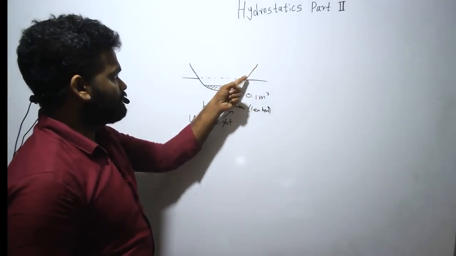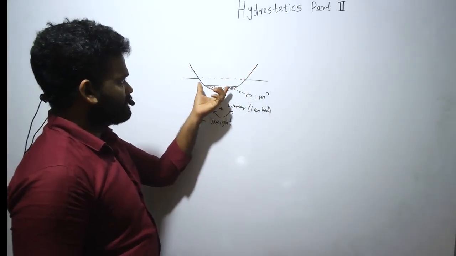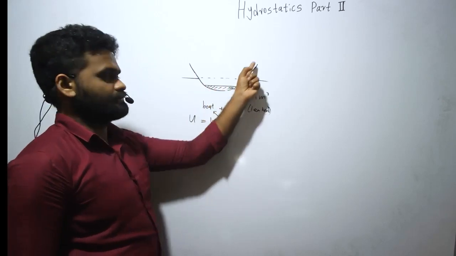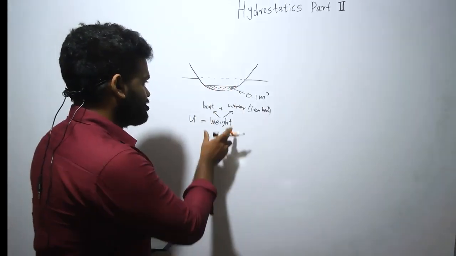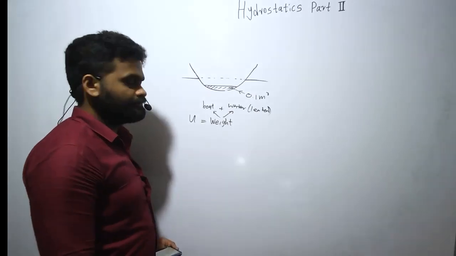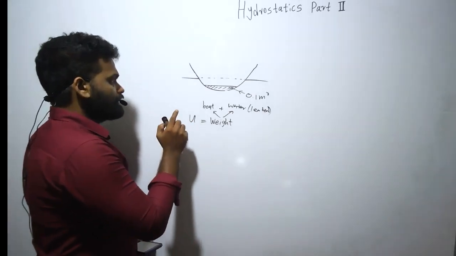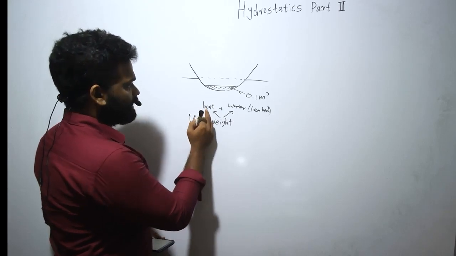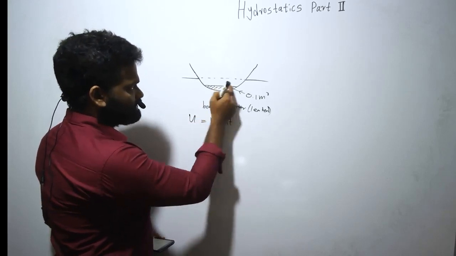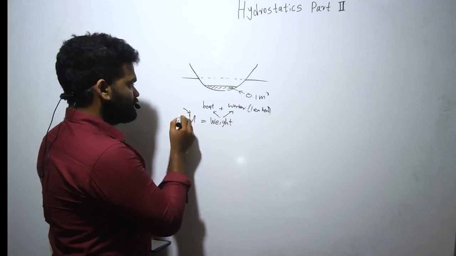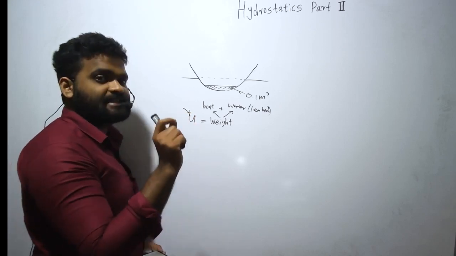The total weight is the weight of this water and the weight of the boat, and that is equal to the upthrust. That's why it floats. Then this upthrust should be equal to the weight of the boat plus the weight of the leaked water. So you know that upthrust is equal to the weight of displaced liquid.